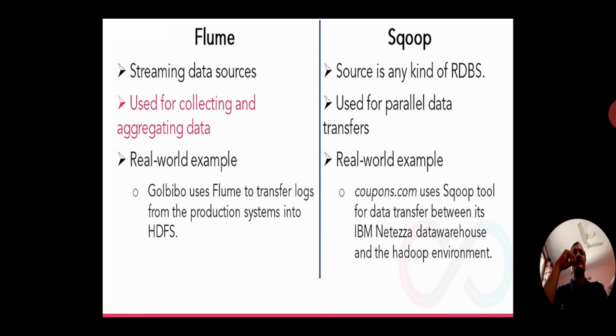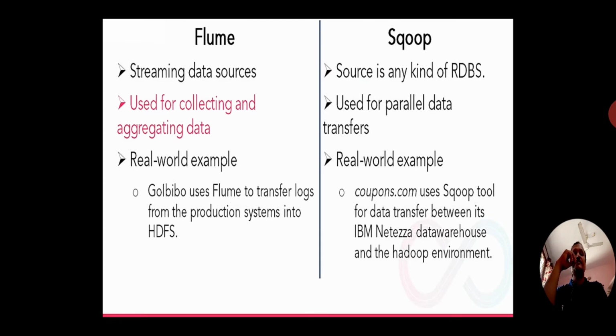From there, the data will be analyzed. What will be the next decision? So Flume has streaming data sources, whereas Sqoop's source is any kind of RDBMS. Flume is used for collecting and aggregating the data. So it collects data directly from the generating points, then aggregates and transfers it to the HDFS.